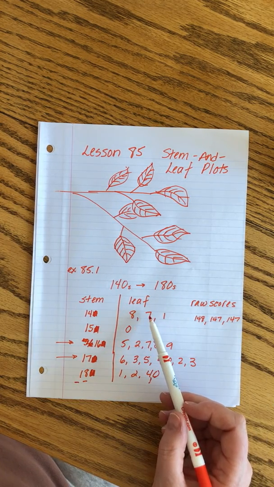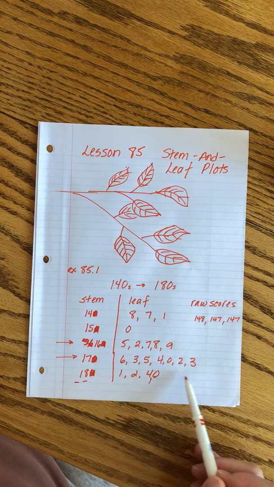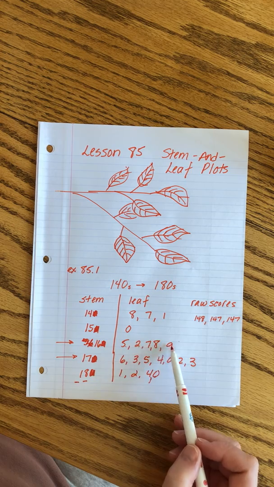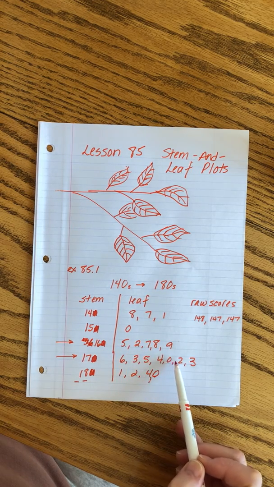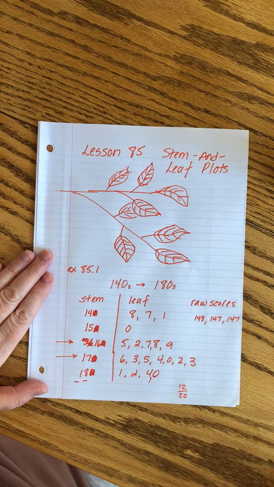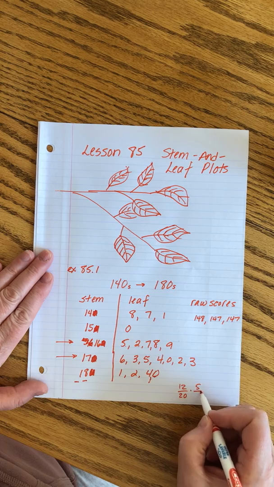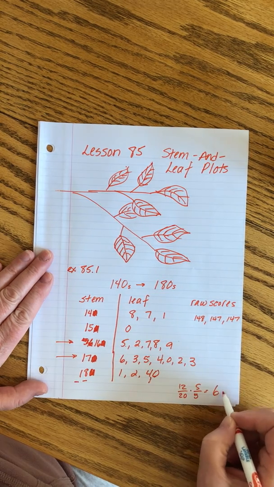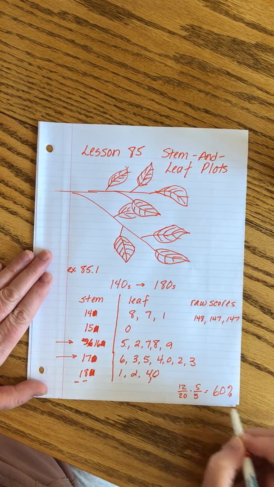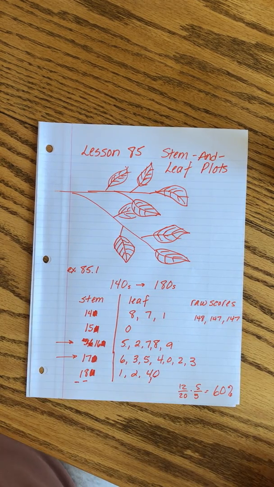And there were a few clinkers down here and a few really amazing ones, but most of his shots, 1, 2, 3, 4, 5, 6, 7, 8, 9, 10, 11, 12. 12 out of his 20 shots we can easily see were in the 150s and 160s. And if we wanted to, we could calculate a percentage of that. That's 60%, right? 60% of his shots were in there. Okay, that might be helpful.